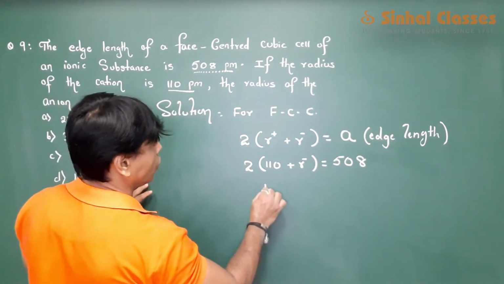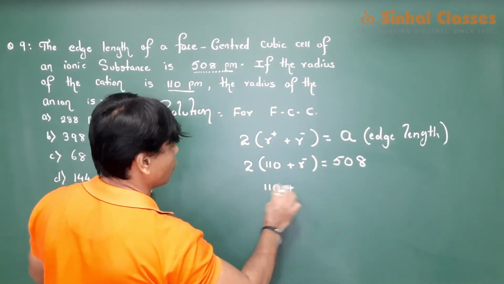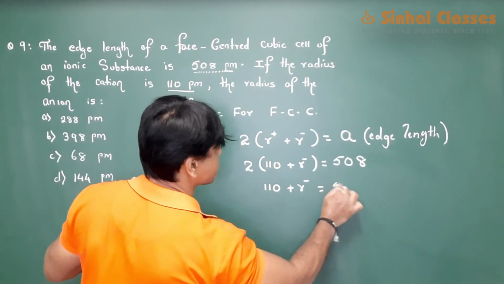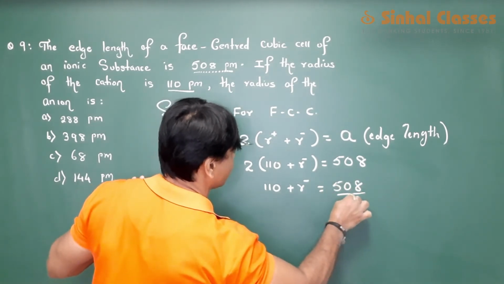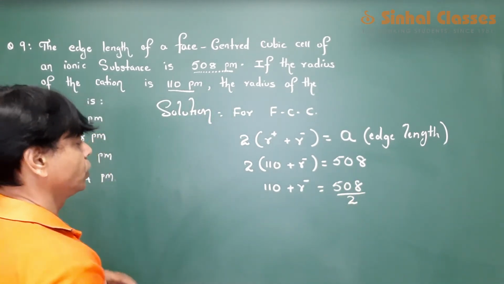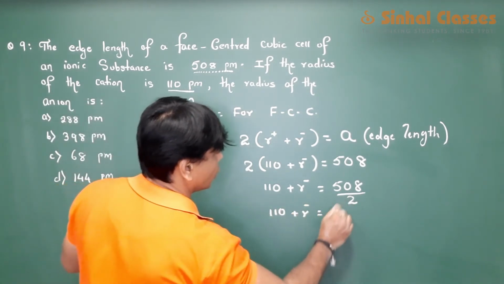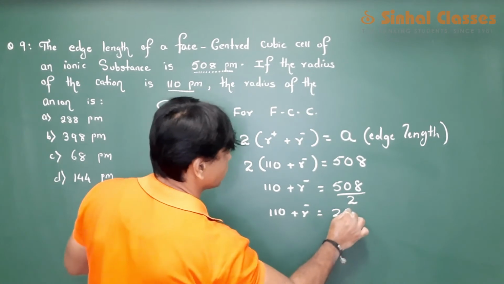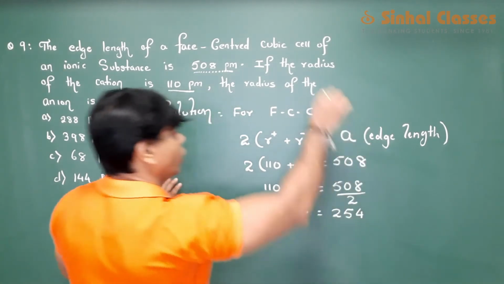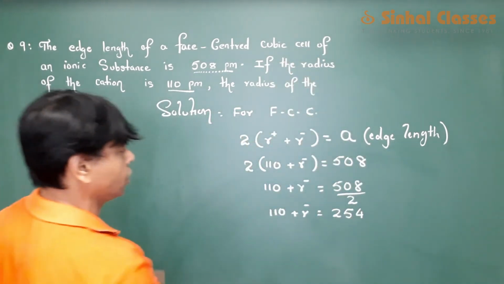So now 508 divided by 2, so it will be 254 picometer.